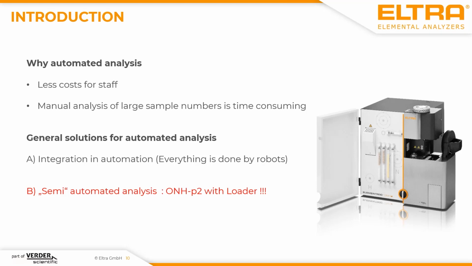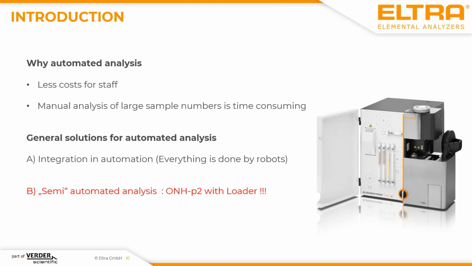And automated analysis, and this is something I would like to explain to you, could mean two different things. On the one hand, our analyzers are integrated in an automation. This does mean everything is done by robots. Then you need a different partner. They have to integrate it in a special area, these kind of machines, and they have to work with robots and external sample preparation and all these kind of things.